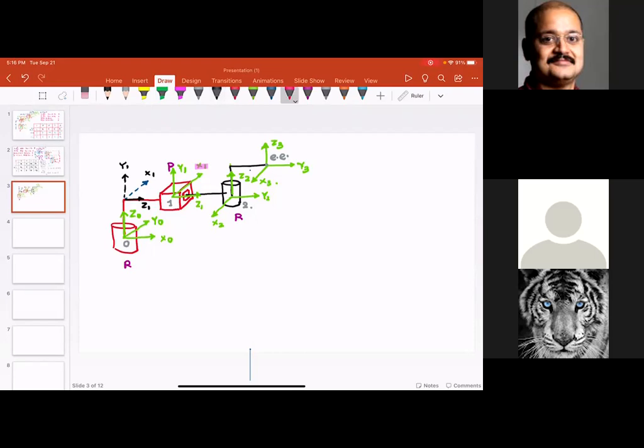Let me show you where this would be super useful. Just a second, I'll answer that question. So imagine a robot arm, something like this, wherein you have a joint or a prismatic joint over here.